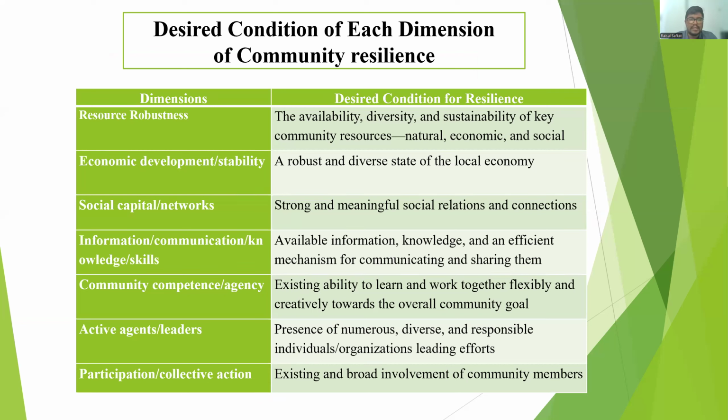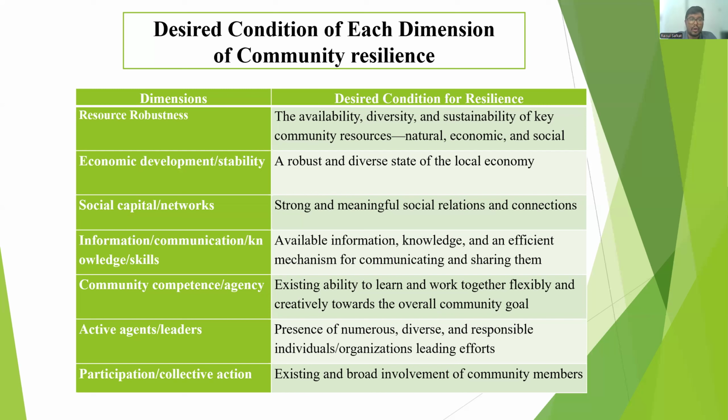This slide shows how the conditions stay in a very resilient community. So the desired conditions for community resilience are the availability, diversity, and robust, strong, meaningful social relations. This is really hard because for every component and dimension we looked into, there is vast literature.